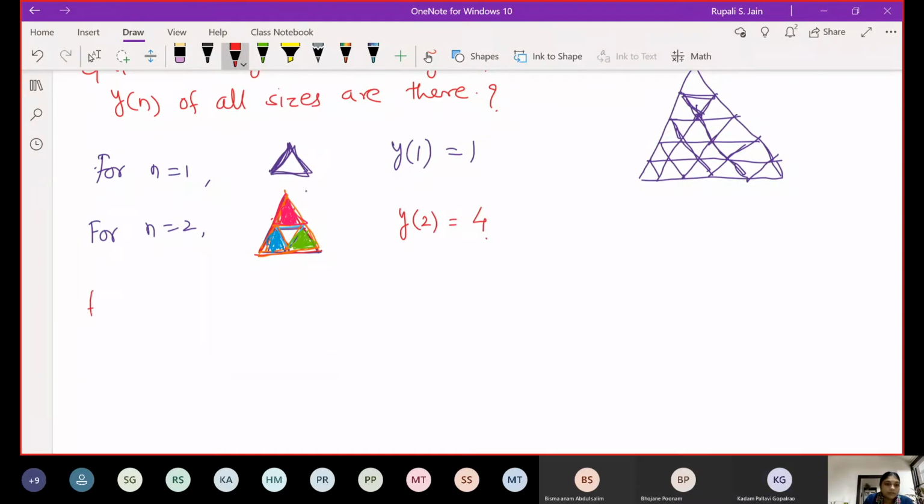Now for n equal to 3. I want to divide into 3 equal parts. Okay, 1, 2, and 3.